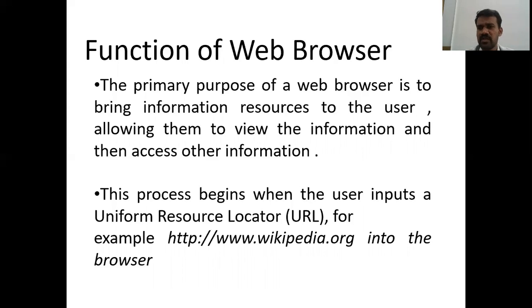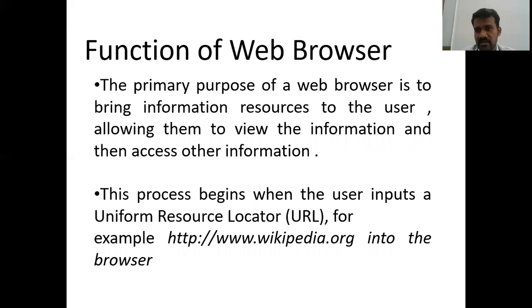This process begins with user input, which is the URL, uniform resource locator. Look at this HTTP example: http://www.wikipedia.org. If I write this in the browser and press enter, it looks for the server which can respond for wikipedia.org.